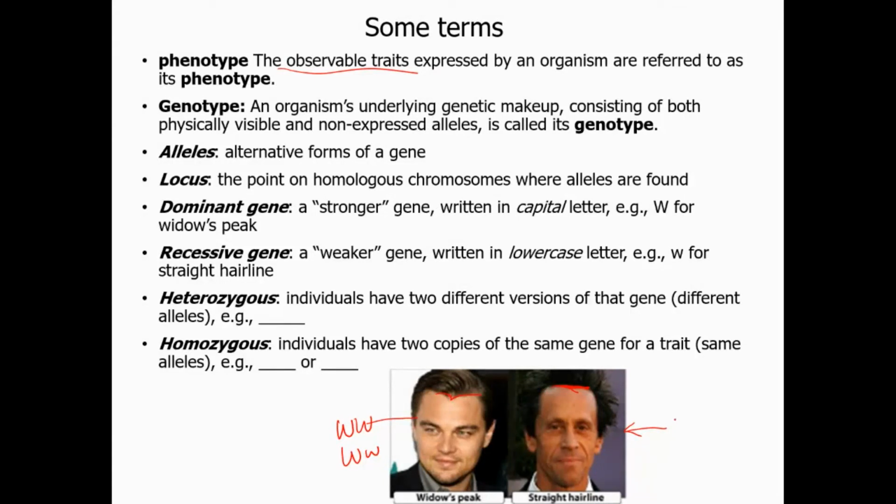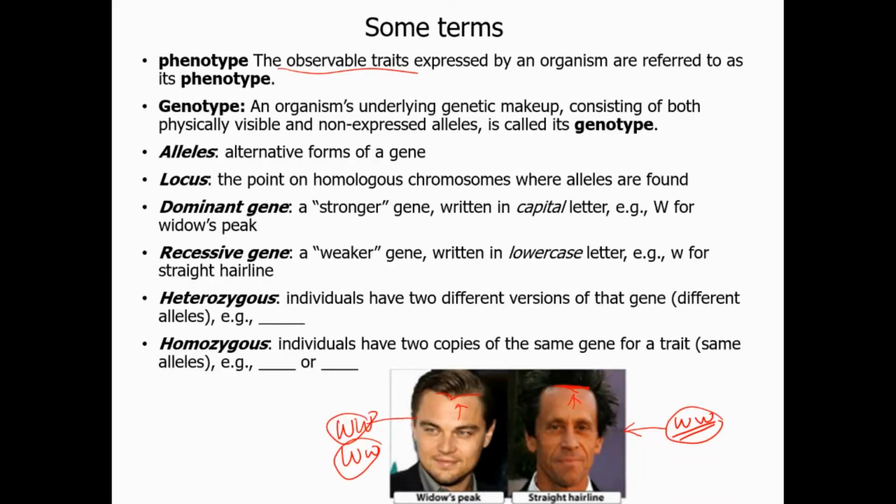So we know the second guy is definitely recessive, right? That's definitely homozygous recessive. A lot of times we just don't say homozygous, you can just say it's recessive. So this is a genotype, and what they actually look like, that's the phenotype.